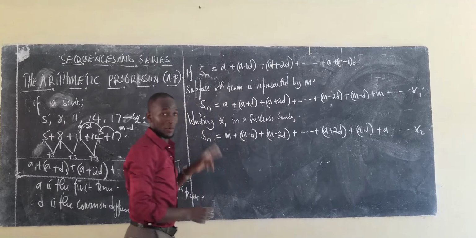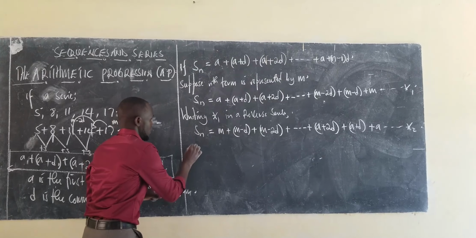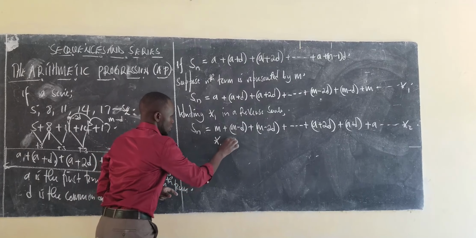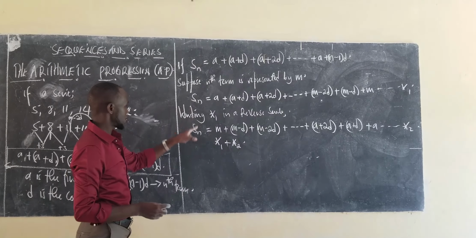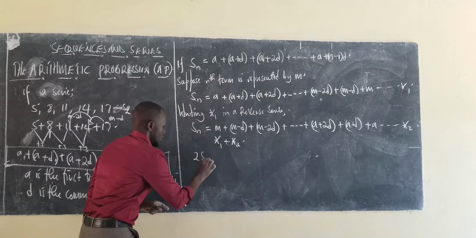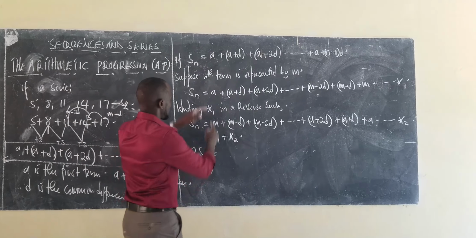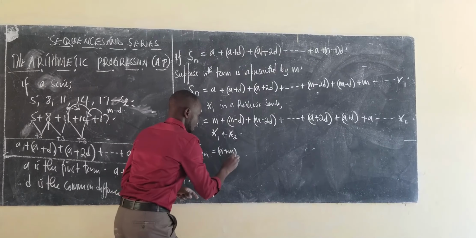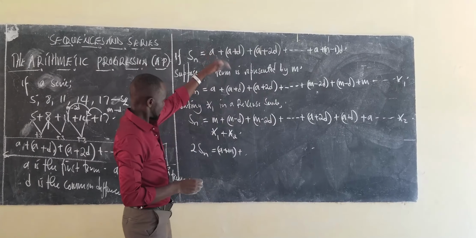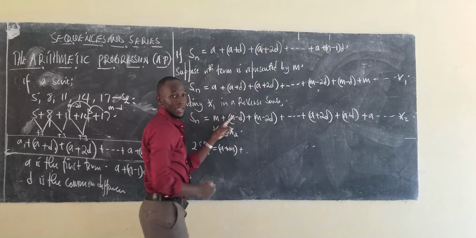After having the two equations, now we get the sum of these two equations. So we shall have, adding equation 1 plus equation 2, we shall have this plus this, you get twice of Sn. We agree with each other? After doing this, now a plus m, we get a plus m plus, look at this, a plus m, then since this is positive d, you cancel with a negative d.